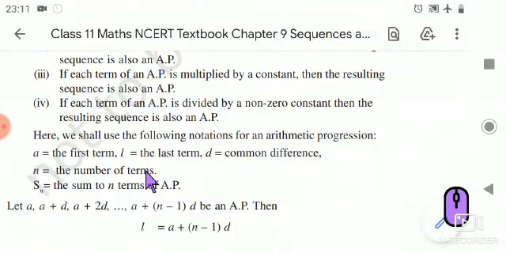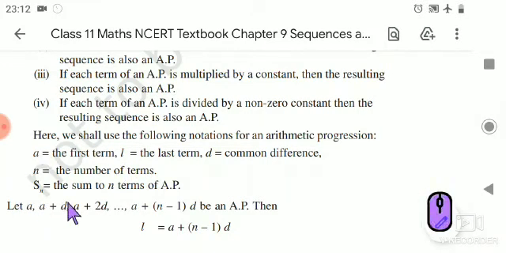Now here we shall use the following notations for the arithmetic progression. a is called the first term, L is the last term, d is the common difference, n is equal to the number of terms and Sn is equal to the sum of n terms of the AP.